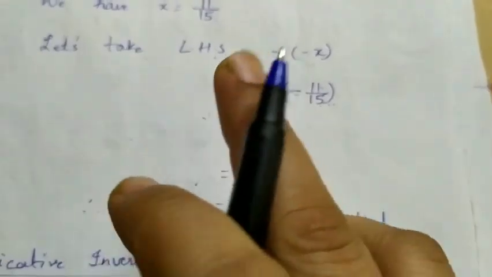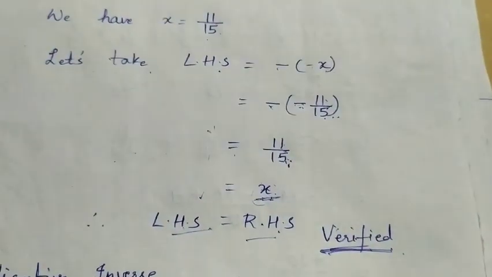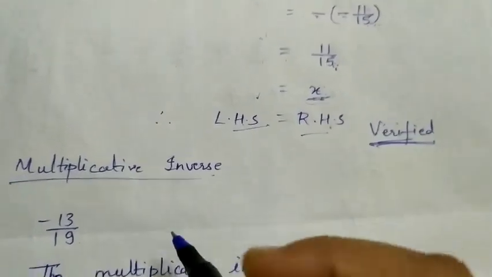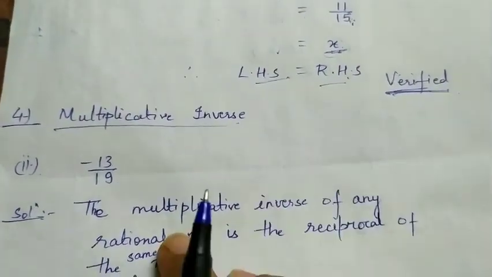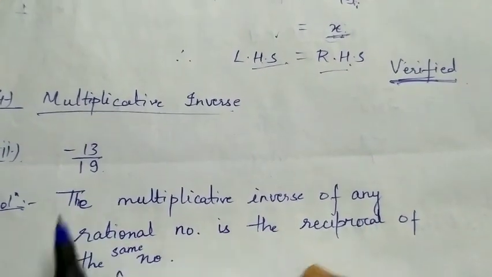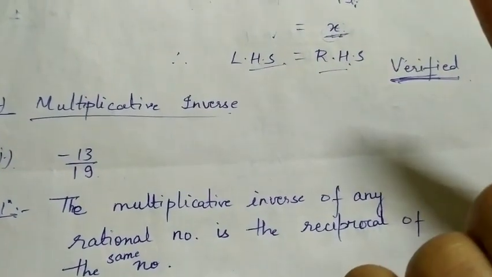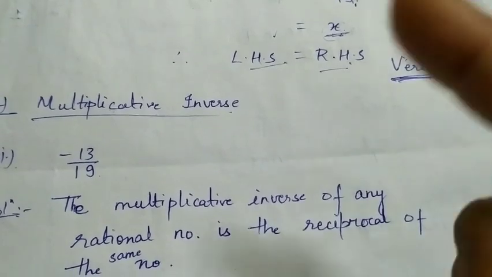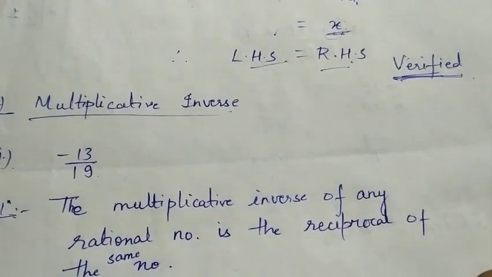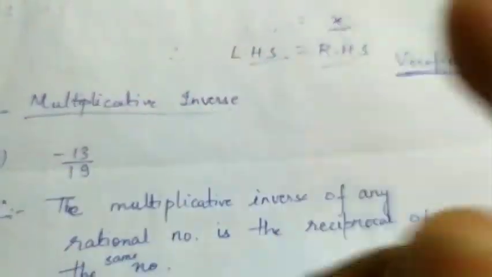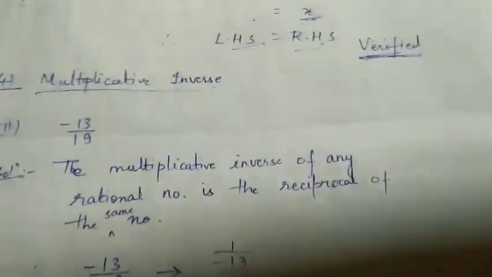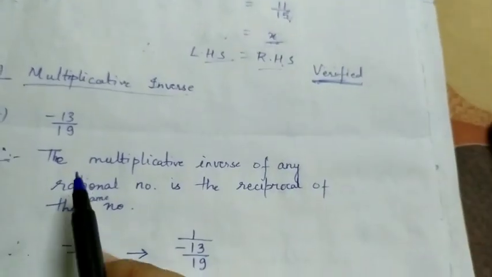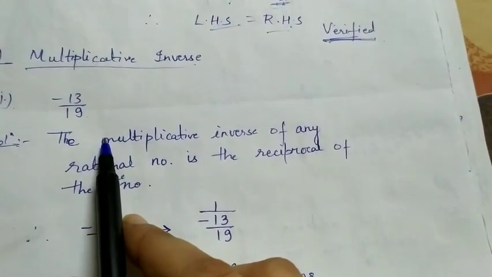In the same way, you have to do the other part of this question. Now coming to the fourth question, you have to find the multiplicative inverse of the given rational number. As I told you earlier, the multiplicative inverse of any rational number is the reciprocal of that rational number. Simply, we have to take the reciprocal of the given rational number. The question here is minus 13 by 19.